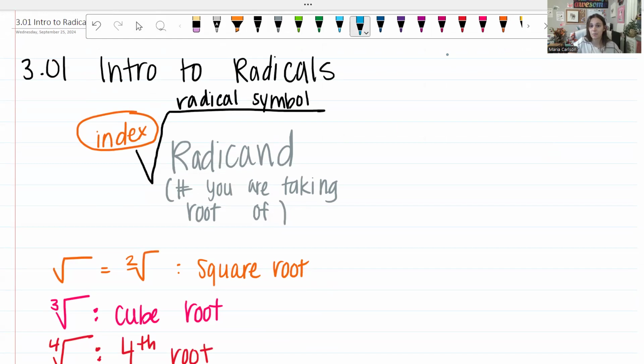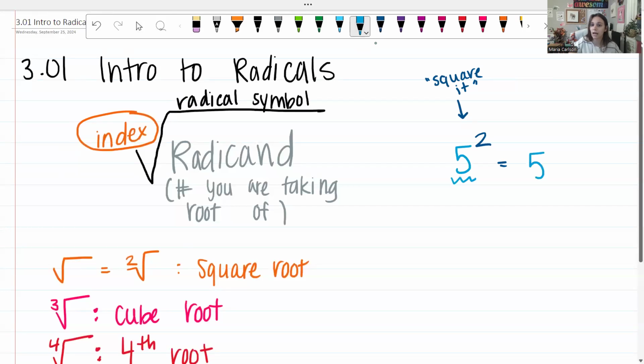We can always take a number like 5 and we can square it. What that really means is that we are going to take that base of 5 and multiply it 2 times, which is what the exponent of 2 tells us.